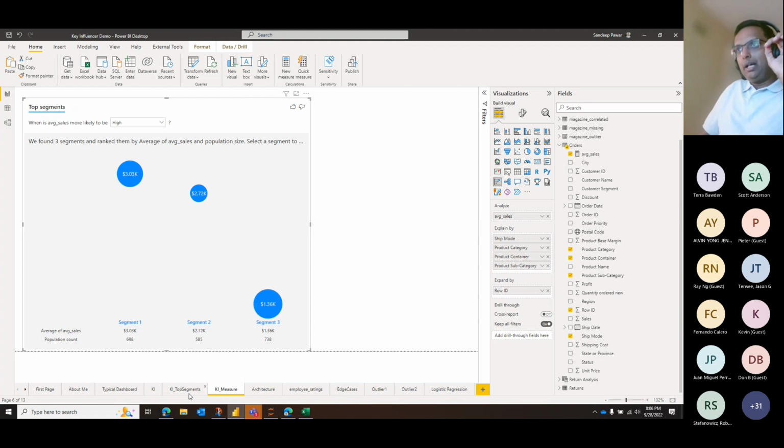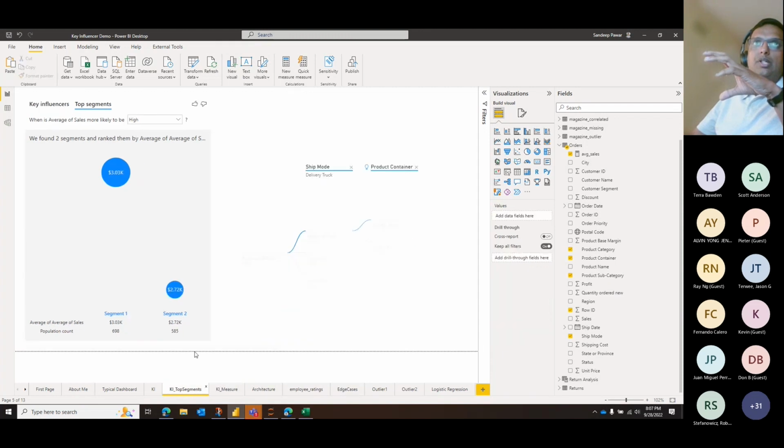Another reason why it did not work earlier, and you will often see this, is that it did not have enough data. There is a lower limit to how much data it needs. We don't know what that limit is. But remember, I was talking about the segments, right?